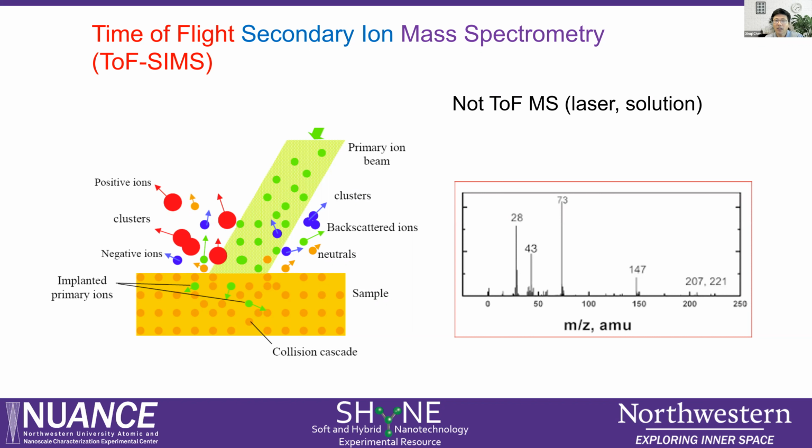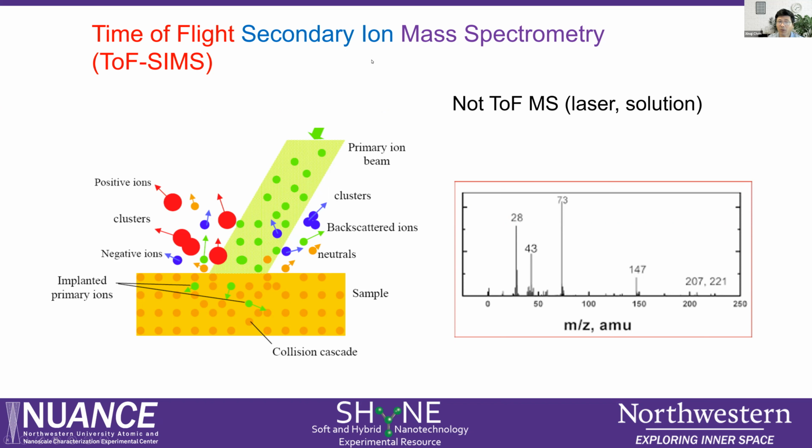The name is time of flight secondary ion mass spectrometry. First of all, EDX is X-ray energy spectrum. XPS is electron spectroscopy. This one is mass spectroscopy, and this is a secondary ion.